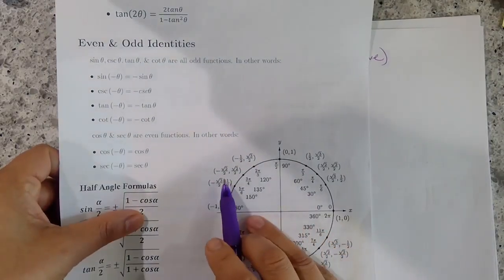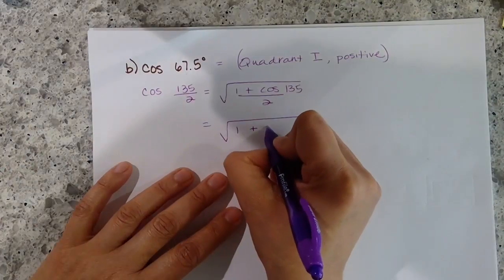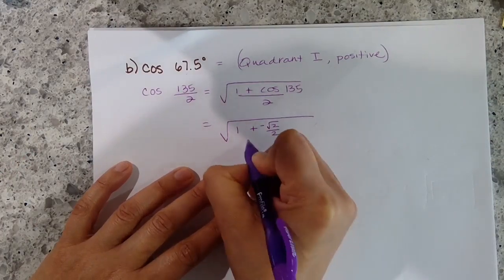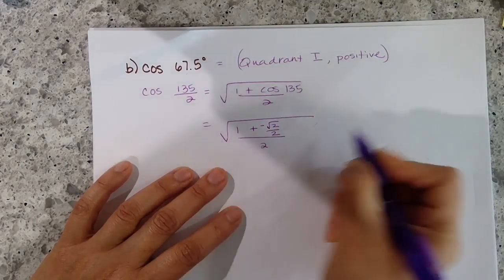So going to go here. Cosine is negative square root of 2 over 2. Negative, all over 2.